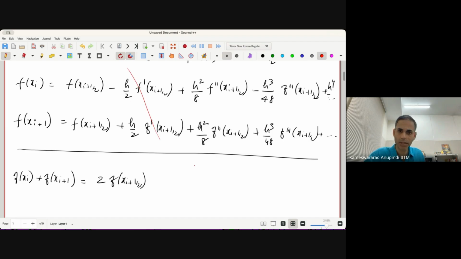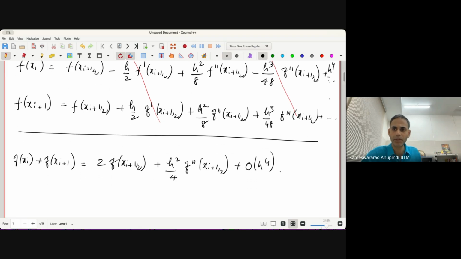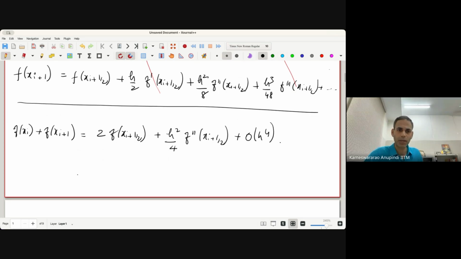So this basically gets cancelled, and then what I have is plus h square by 4, I have 2 halves here, times f double prime xi plus half. Then this term gets cancelled, and then what we end up with is plus order h power 4. That is the term which will basically be coming here. Okay, so this is what I have.